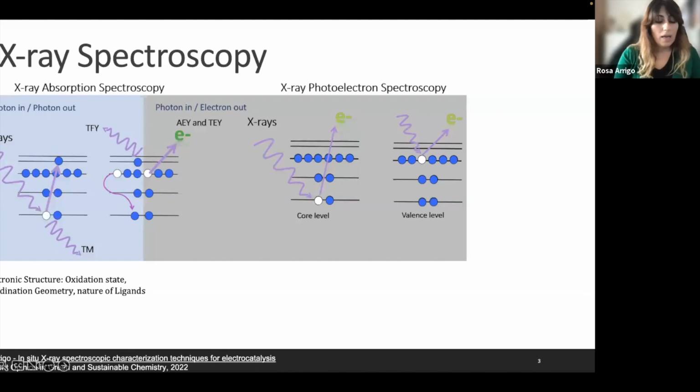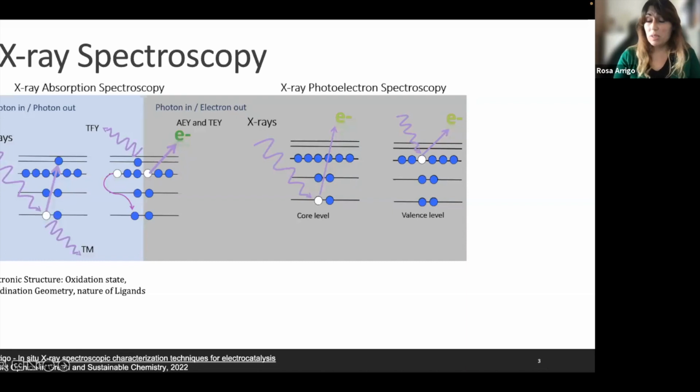the dynamics. But I consider myself more of a soft X-ray spectroscopist, and particularly I've been developing methodologies to study materials in situ by using electron detection techniques. Due to the characteristics of electron detection, these techniques are more sensitive to the interface, which is relevant for catalysis and electrocatalysis. I will show you X-ray absorption spectroscopy based on Auger electron yield or total electron yield, as well as X-ray photoelectron spectroscopy.